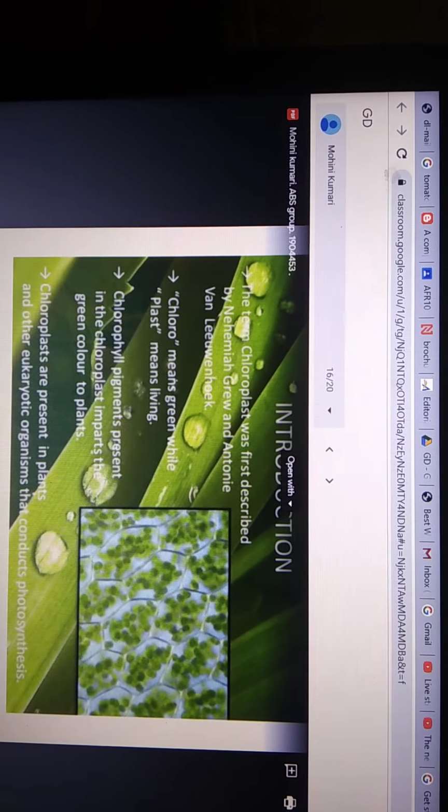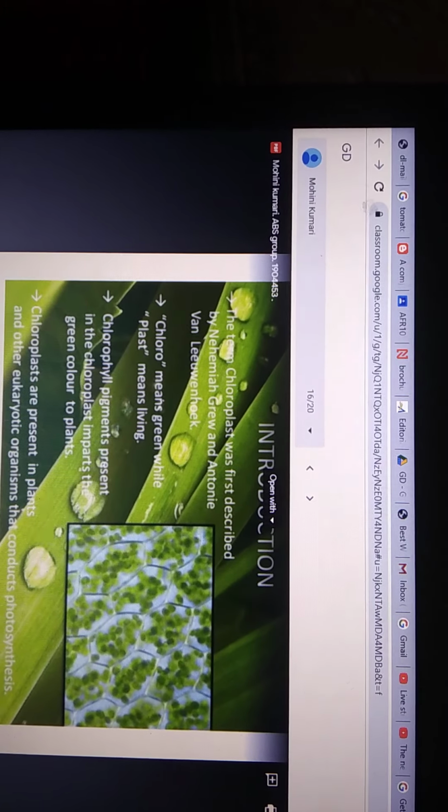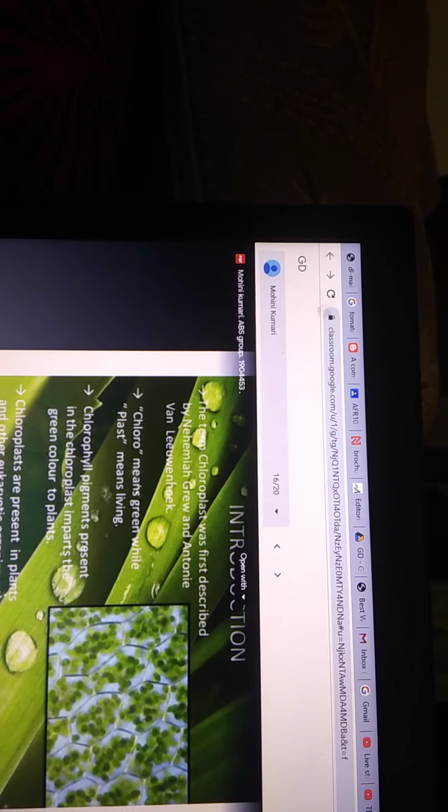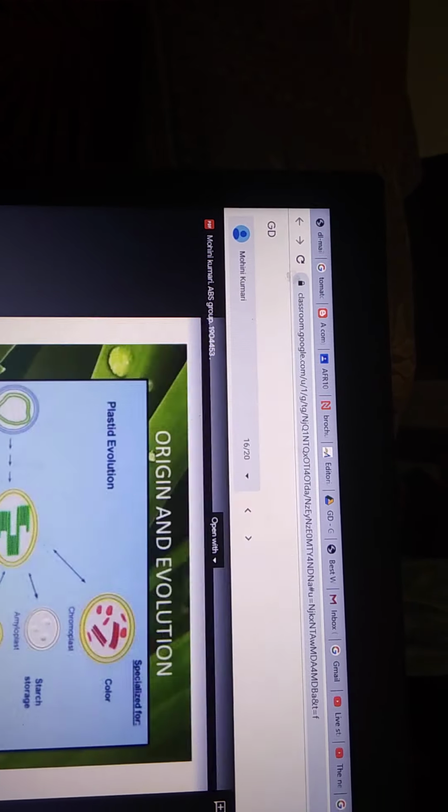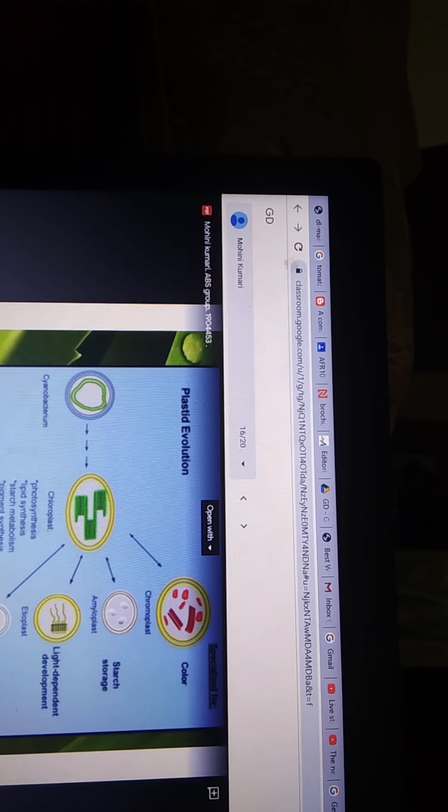The main component of the chloroplast is chlorophyll, a green pigment, due to which the plant gets its green color. Chloroplast is present in plants and some algae, in eukaryotic cells, and it is responsible for photosynthesis.